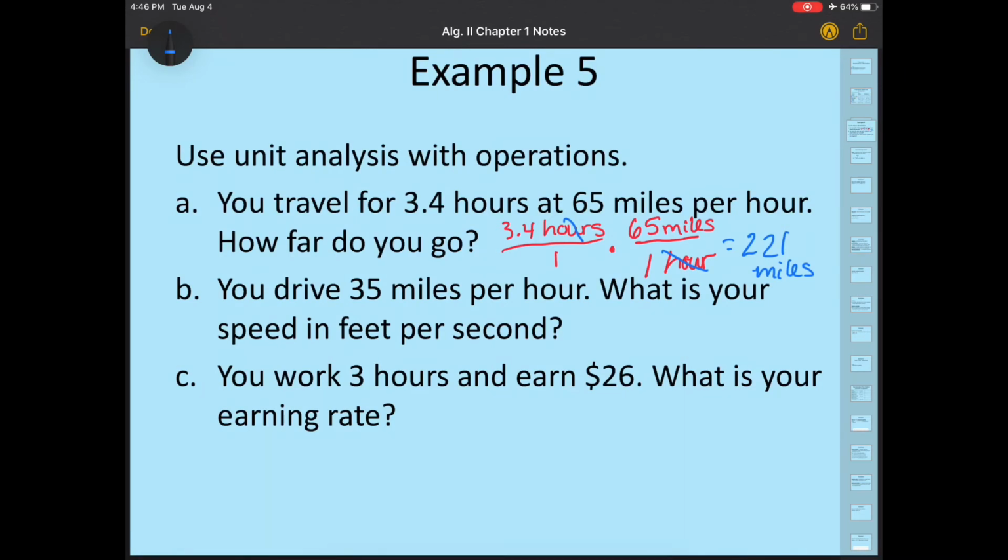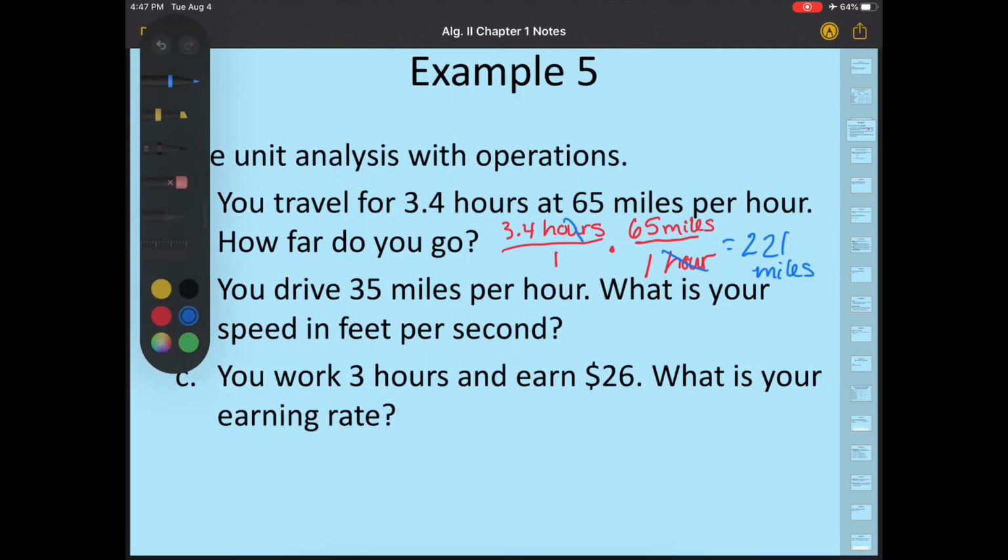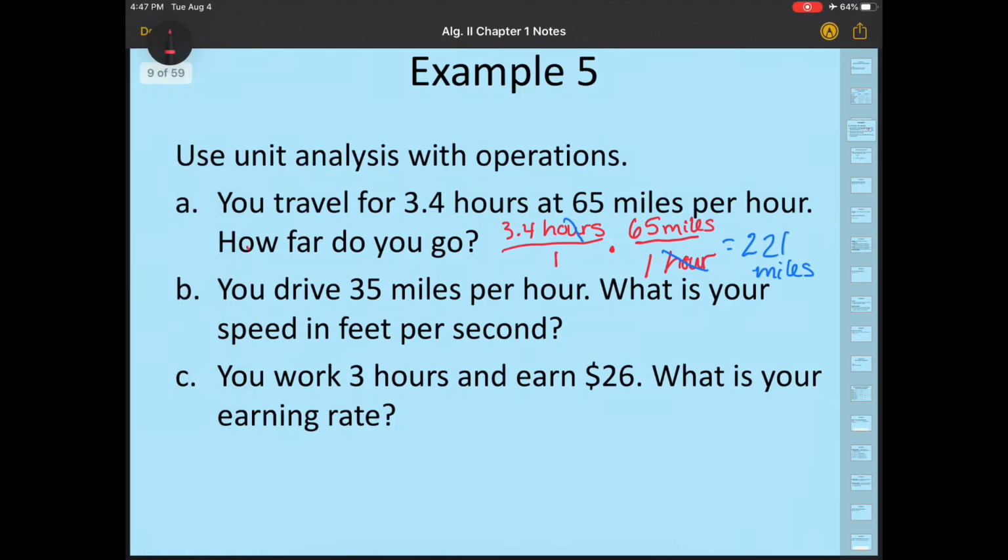And with B, well, we're going to need to do 35 miles per hour. And we want to know what their speed is going to be in feet per second. So with this one, I started out with 35 miles, and I did that in 1 hour. Well, we want seconds.